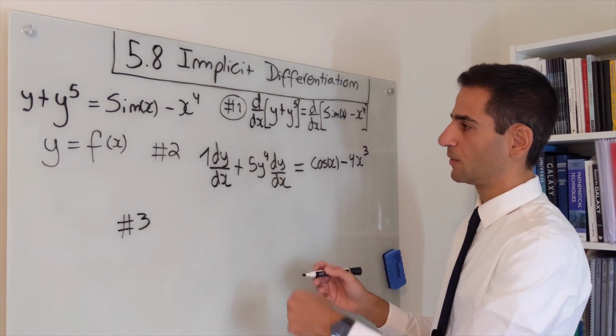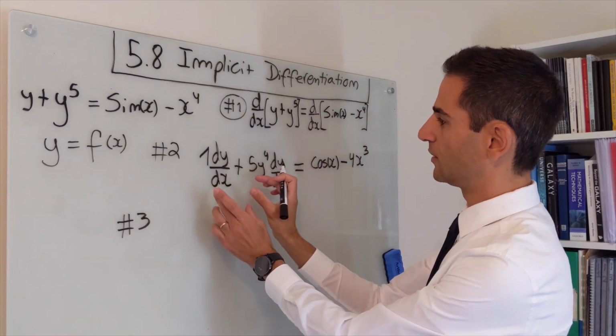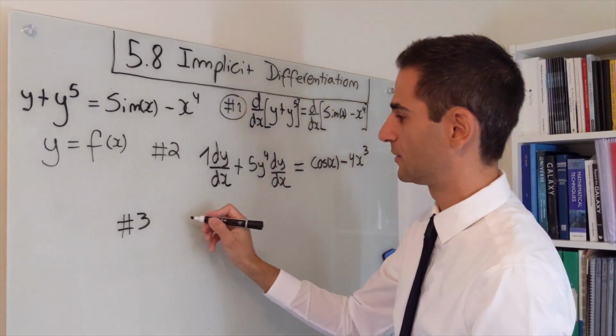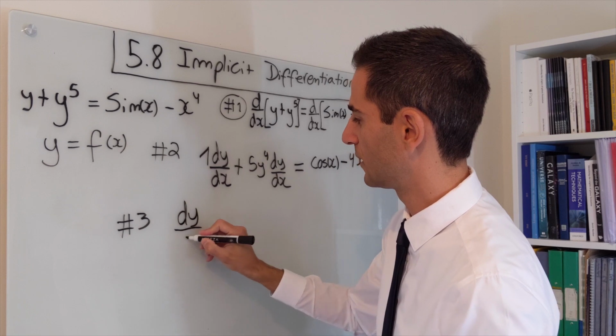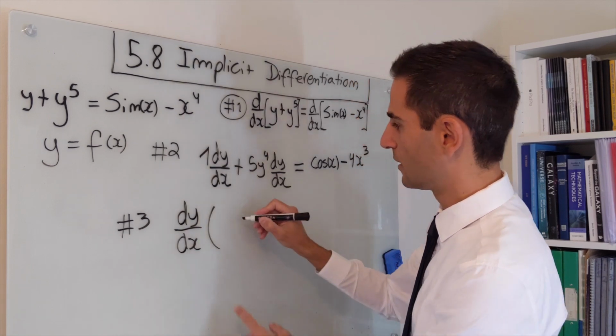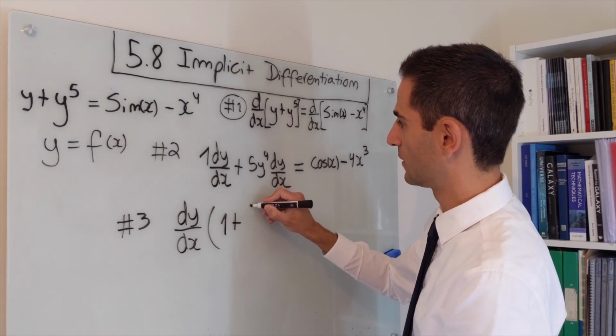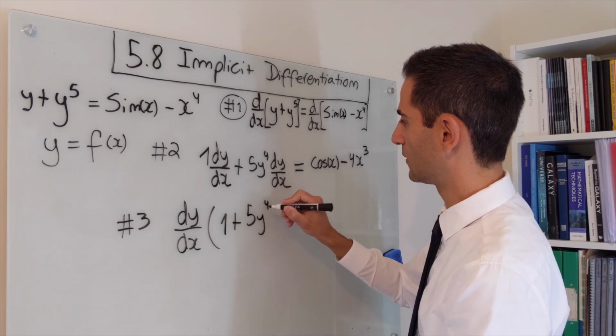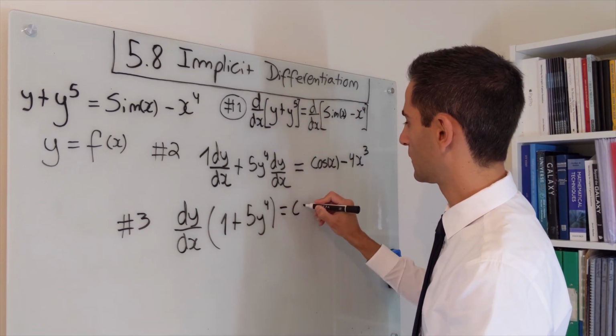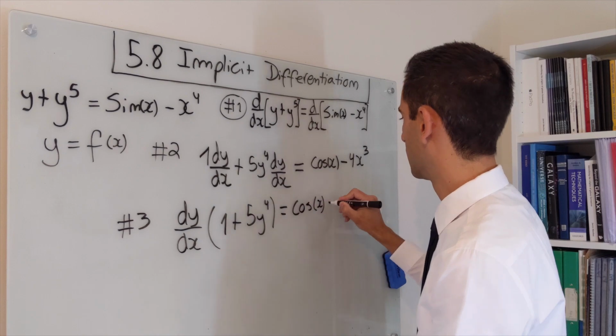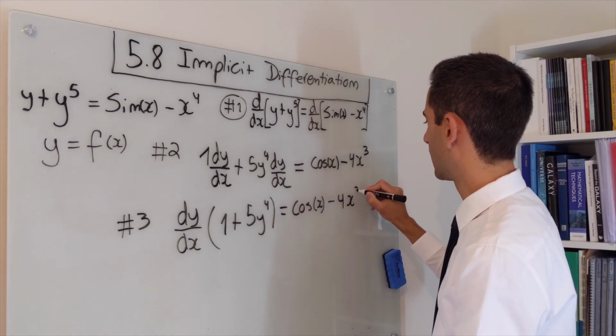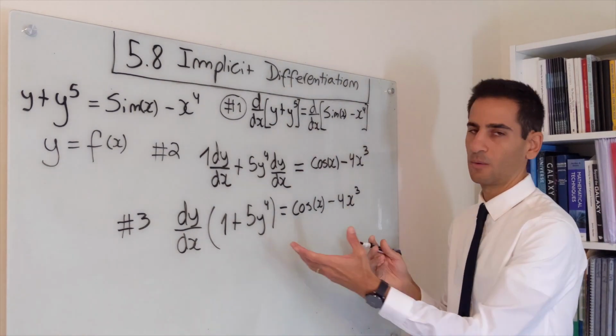In this case, we see that if we take dy dx and group the terms, we have dy dx of 1 plus 5y to the power of 4 equals cos of x minus 4x to the power of 3. And we're almost there.